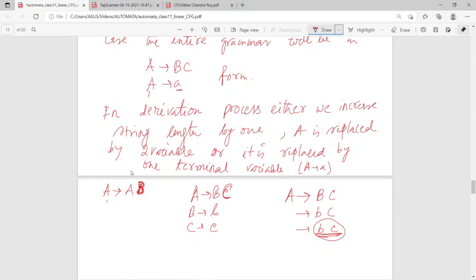That means, just a minute, it will be in some different form. So it will be better if we take an example, then it will be clear to you what I am trying to say. That means if the grammar is written in that particular format, then what will be happening there, that is the thing.